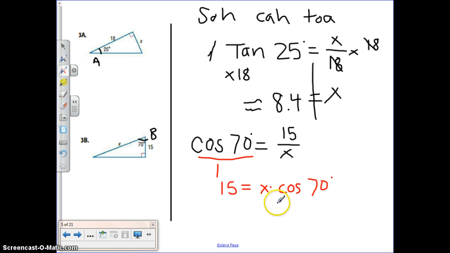And to get the x by itself, I have to divide by the cosine of 70 degrees on both sides. And when I plug that into my calculator, I get about 43.9 for my value of x.